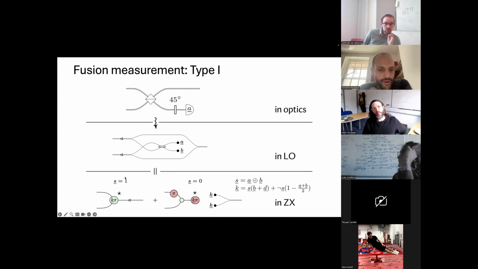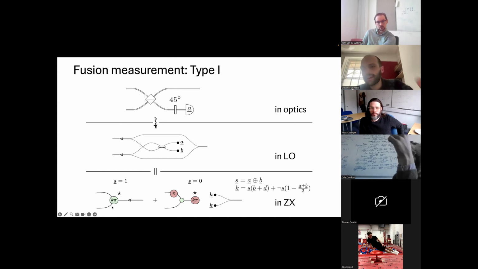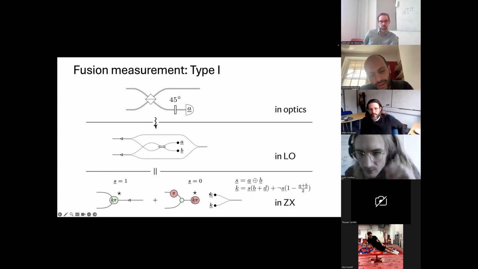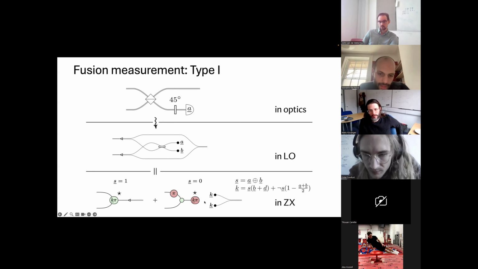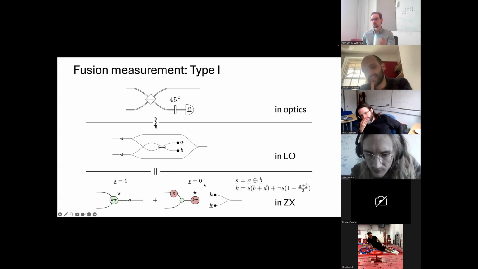If the measurement is successful, then you have performed an entangling operation, like a 2-to-1 spider. And if it fails, then you would have performed this other operation, which, as you will see briefly, is separable because this k pi here, this effect would copy through. So it's not going to be an entangling operation if S is 0.